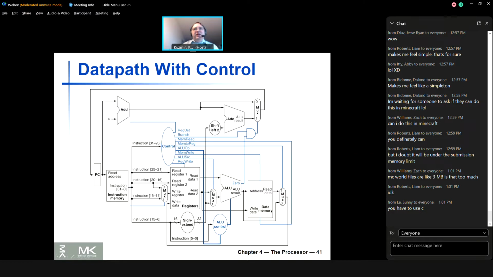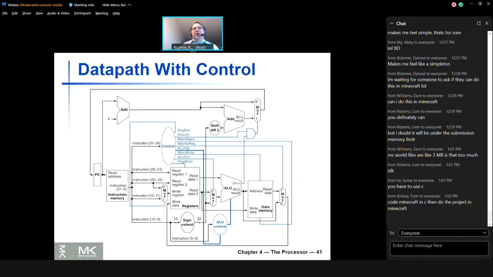So this is probably one of the most complicated of those simple diagrams, and we need to make sure that you understand every single wire, every single control signal, every single component here. Because it is extremely highly likely to appear on the test in one form or the other, because this is really important stuff.